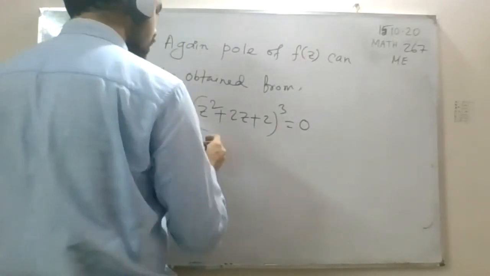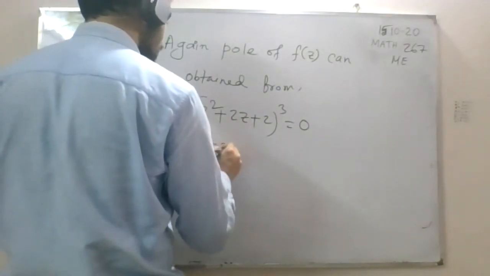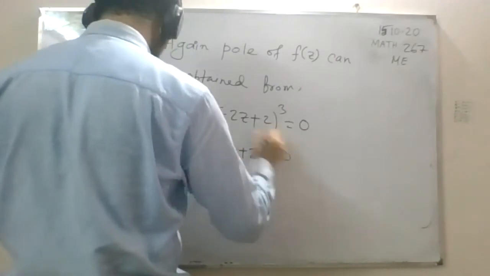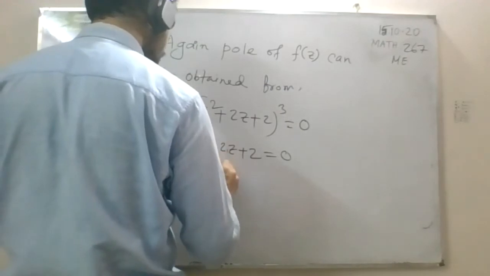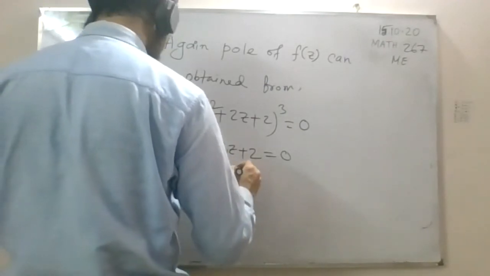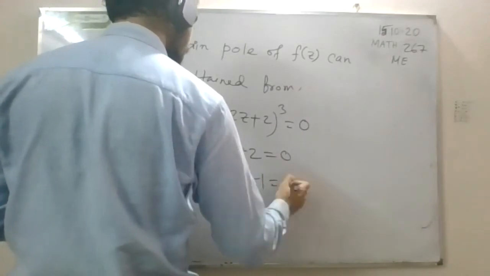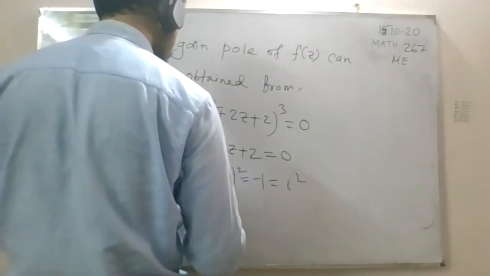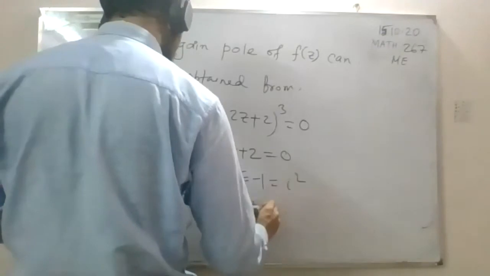If you know the roots, you can get z square plus 2z plus 2 equals 0. From here you can also write (z plus 1) square equals minus 1, which means i square. And after that, you can say z equals minus 1 plus or minus i.